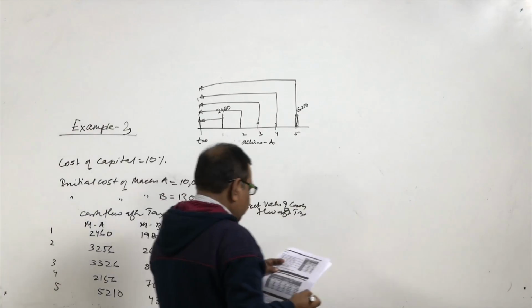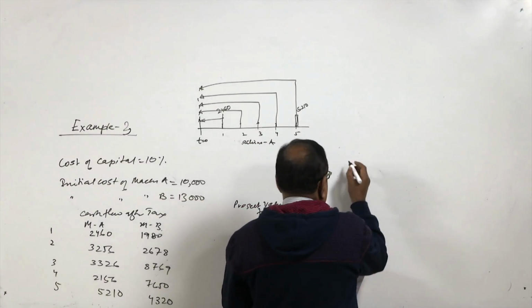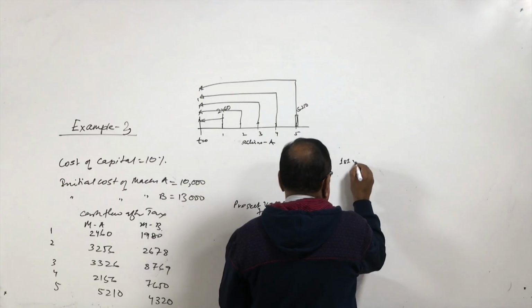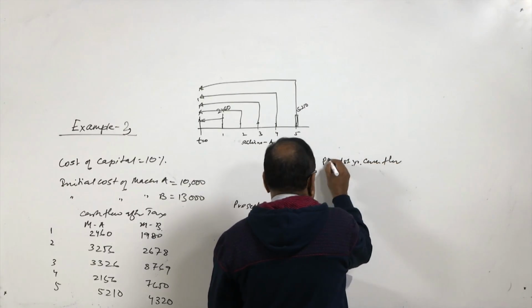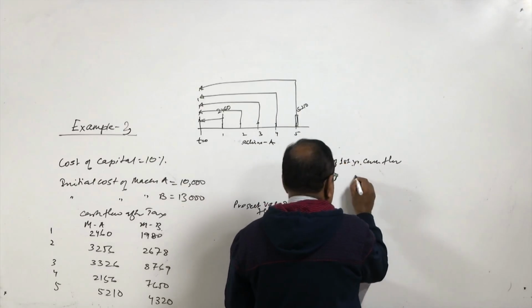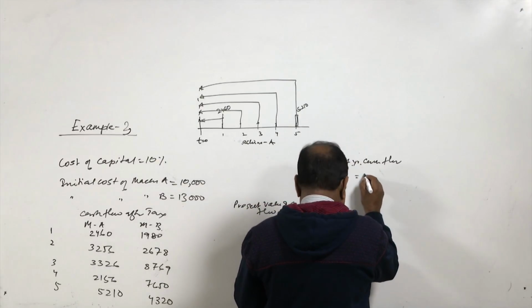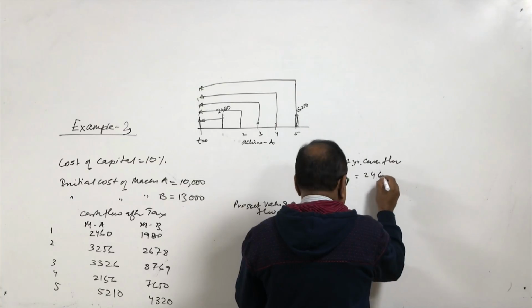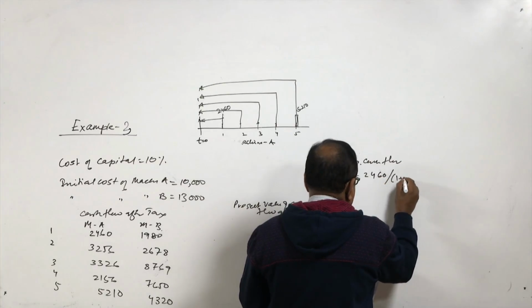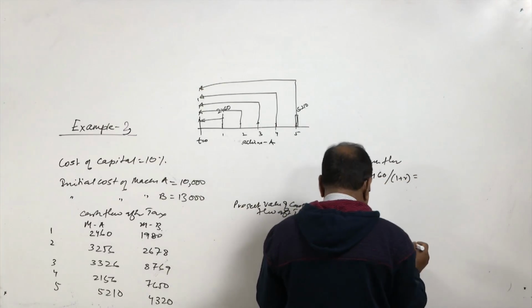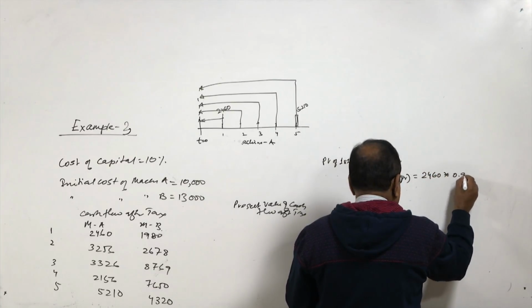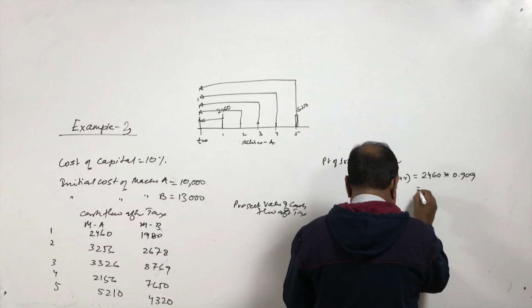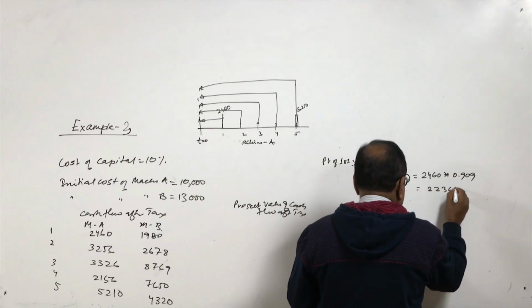Now, if we calculate here the present value of first year cash flow will be equal to 2460 divided by 1 plus R is equal to 2460 into 0.909 is equal to 2236.14.